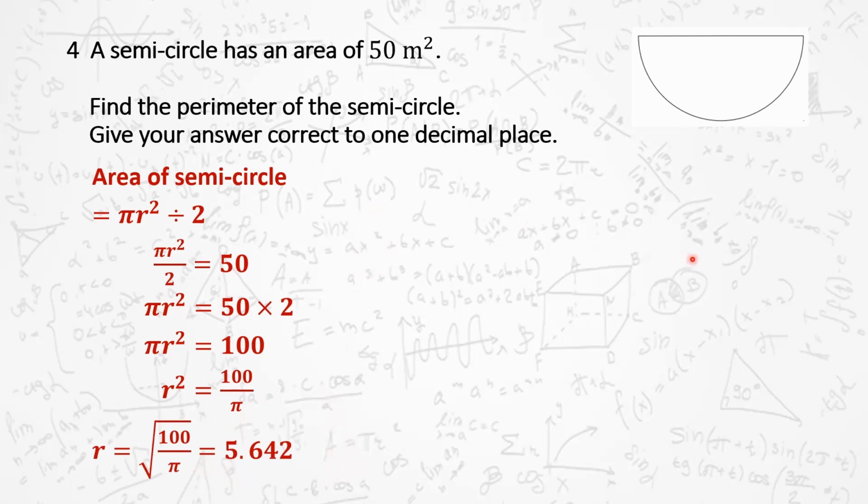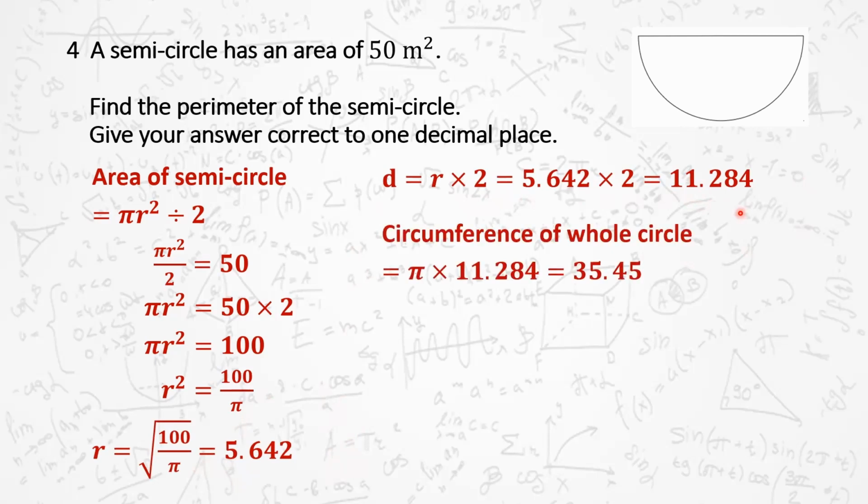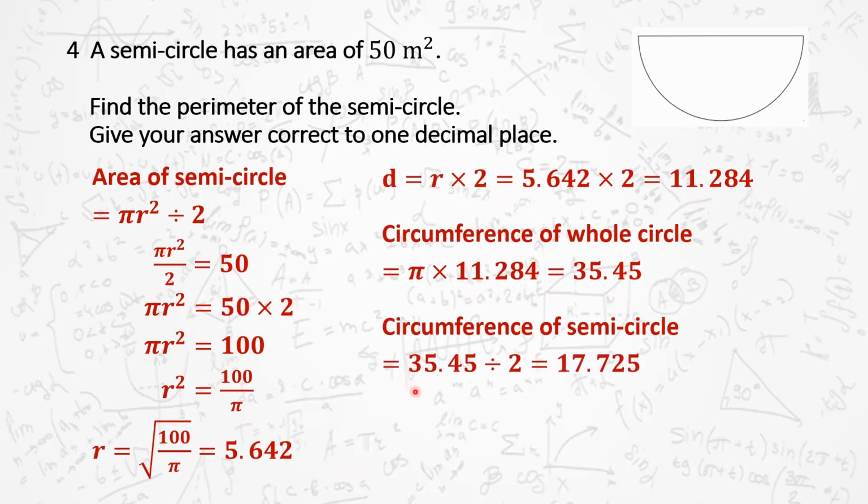From the radius, we can work out our diameter. 2 times r equals 11.284. Next, we can work out the circumference of the whole circle using pi d. Give us 35.45. Circumference of the semicircle equals 35.45 divided by 2 equals 17.725.